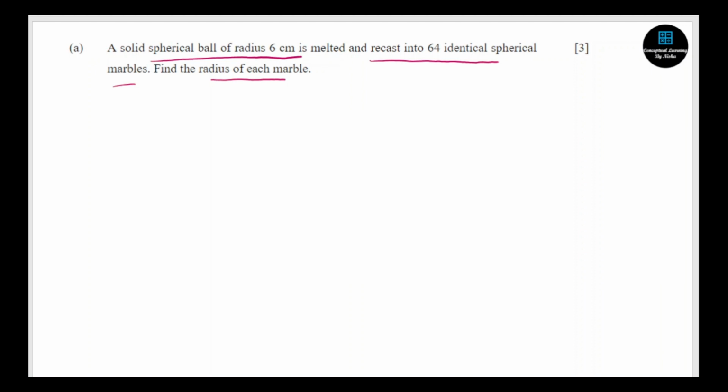Volume of spherical ball equals 64 times volume of marble, because 64 marbles are formed, recasted.